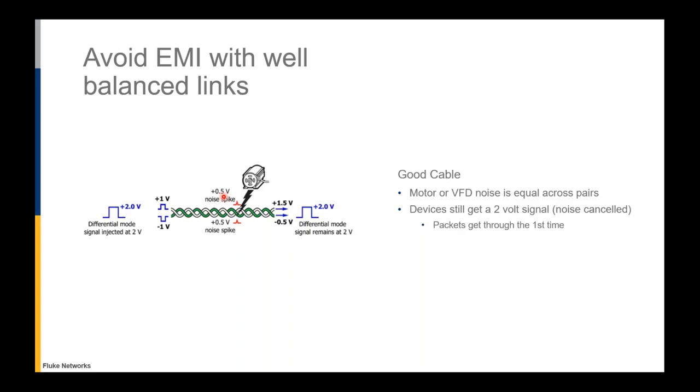If we treat that 0.5 volt of interference the same way, then here we do go with some math. +1, +0.5, 1.5 volts; -1, +0.5, -0.5 volt. We have maintained that 2 volt differential signal, and our communication just flies.